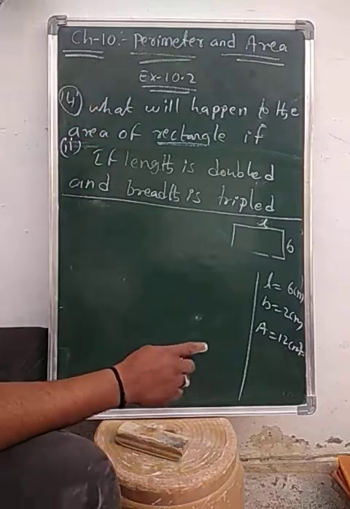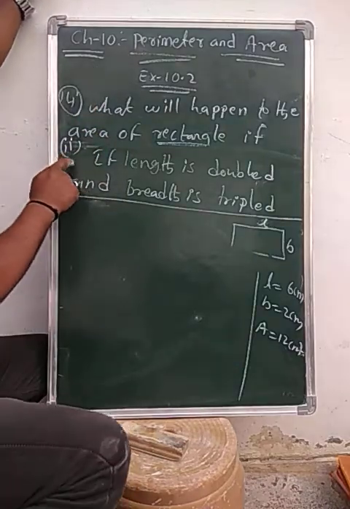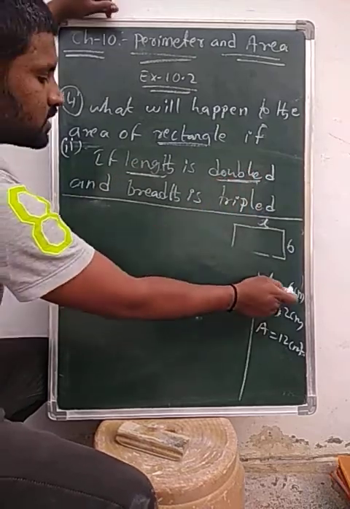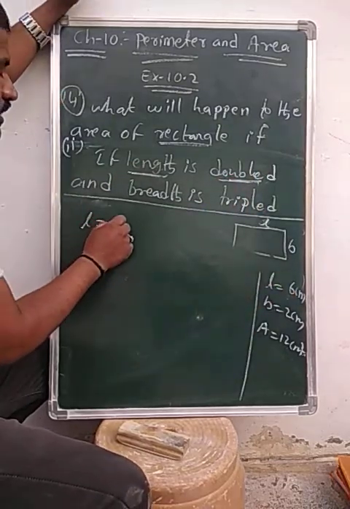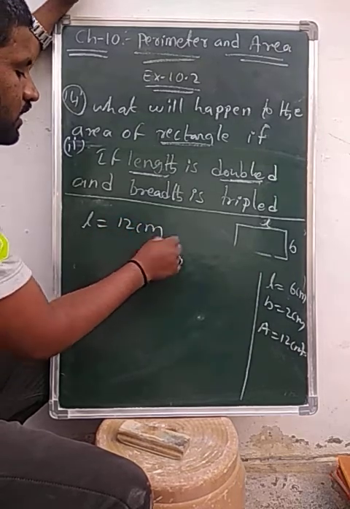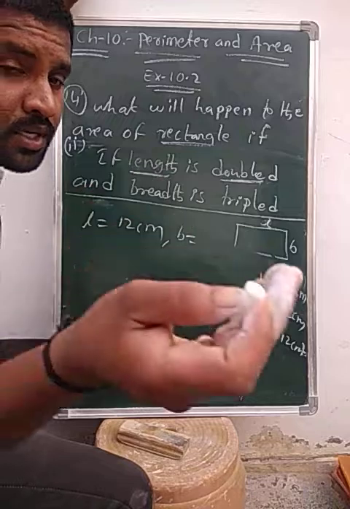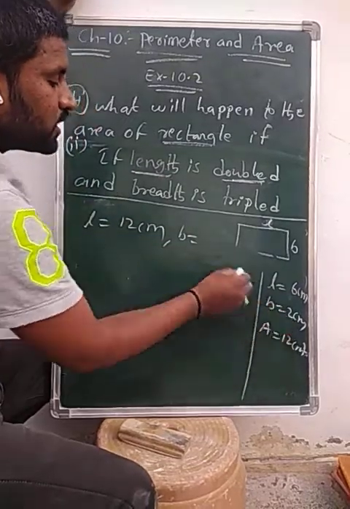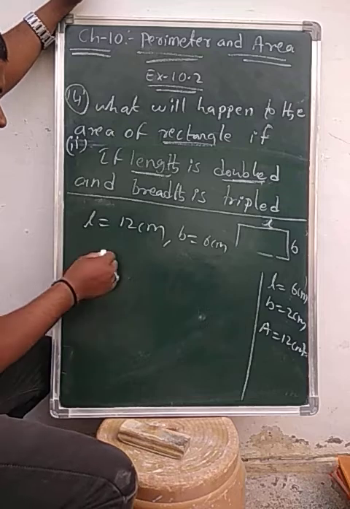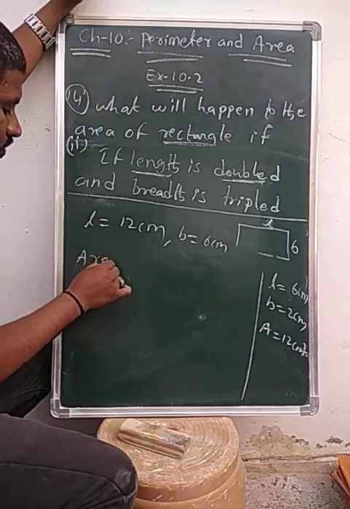Okay na? Now as per question 2, if length is doubled, length 6 centimeter becomes 12 centimeter, and breadth is tripled, 3 times of 2, that is 6 centimeters.